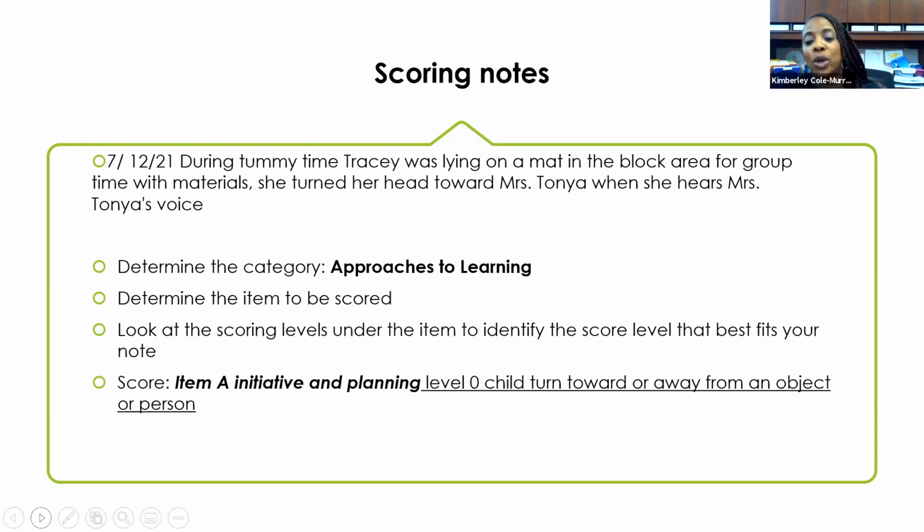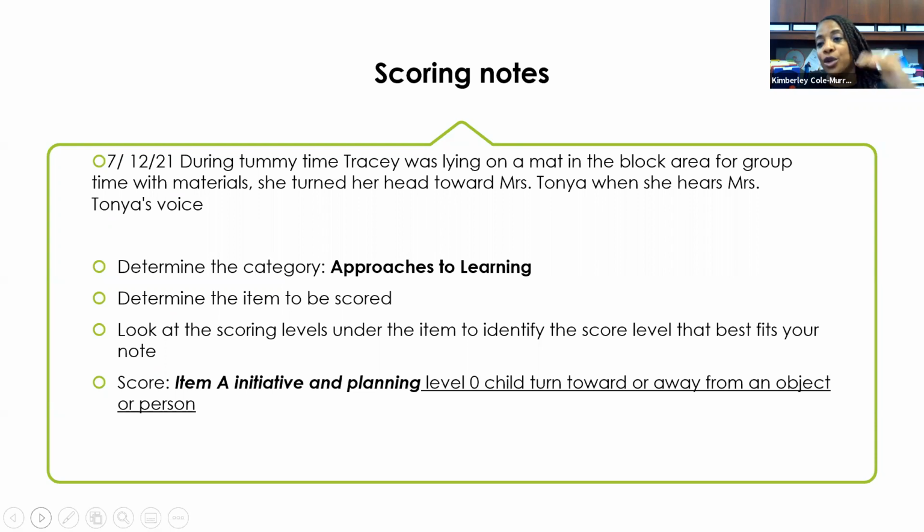And that's exactly what that infant did. When she heard the voice, she turned toward that voice. She turned toward the person. So this anecdotal note is scored under approaches to learning, item A, initiative and planning, and it is scored at a level 0.